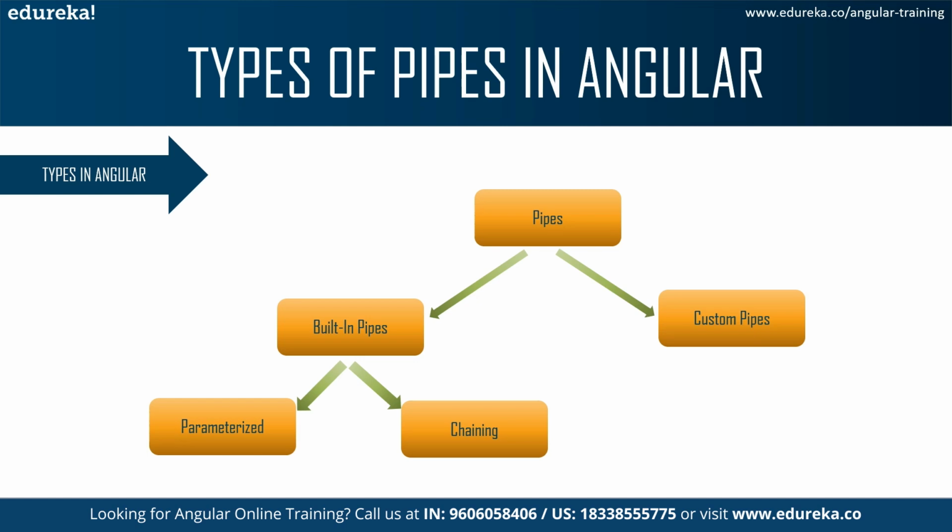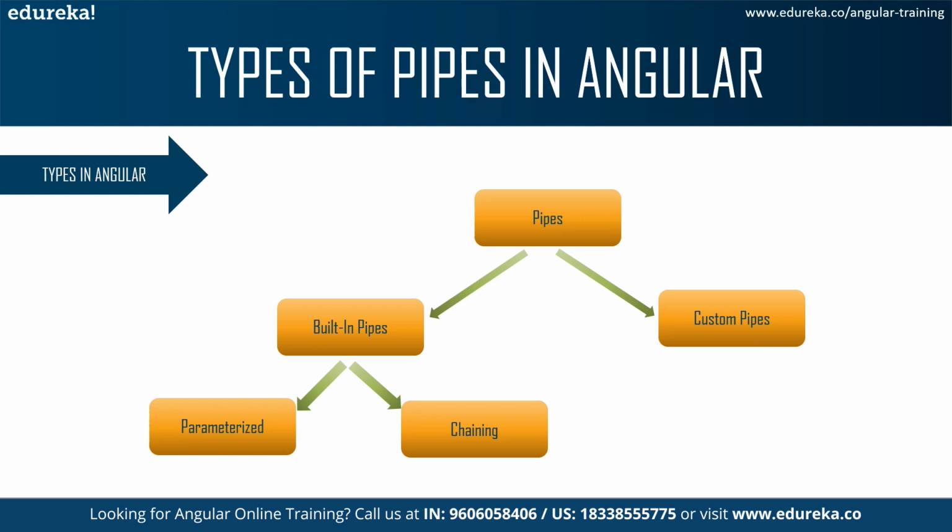Now, what exactly are parameterized pipes? When we can pass any number of parameters to a pipe by using a simple colon, we can categorize those kinds of pipes as parameterized pipes. I'll address this when we are creating pipes. In chaining pipes, as the name suggests, it is a combination of multiple pipes.